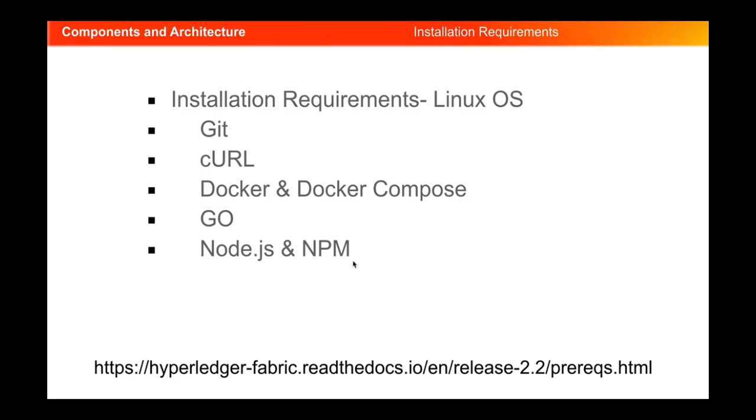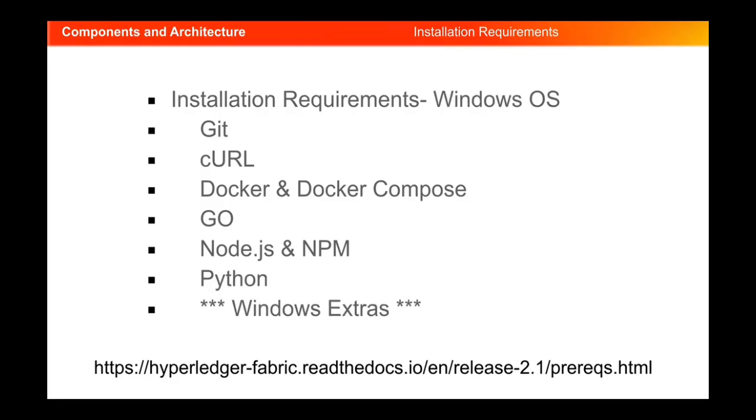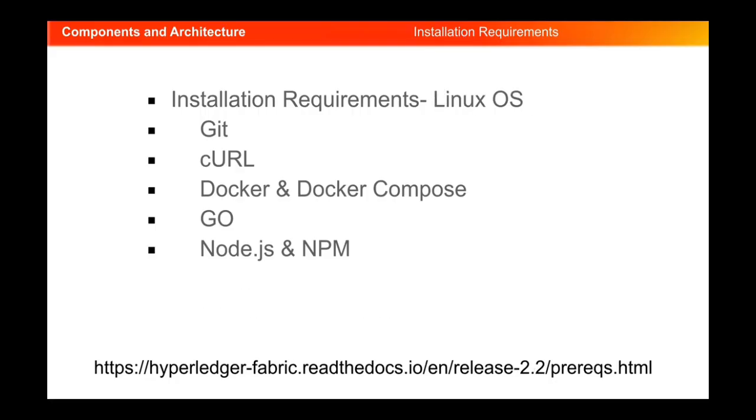But if you are working with Windows OS, then you have to install Python as well, because Python doesn't come out of the box in Windows. So you have to install Python explicitly, and you also have to install some extra Windows items to support Docker and Docker Compose. It's the same for Mac OS as well.